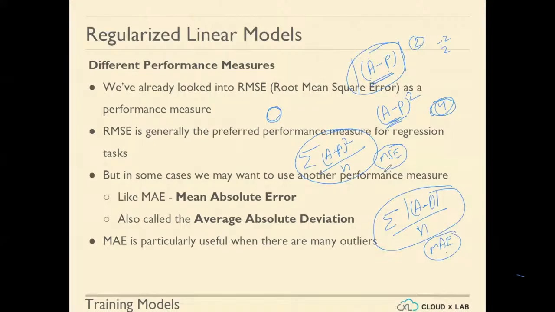Now, if we have outliers in our data set, the high MAE will be contributed mostly by the outlier points, because the difference is very, very high for them. So if you reduce this MAE, the model will focus more on the outliers, because we are getting high error from them.